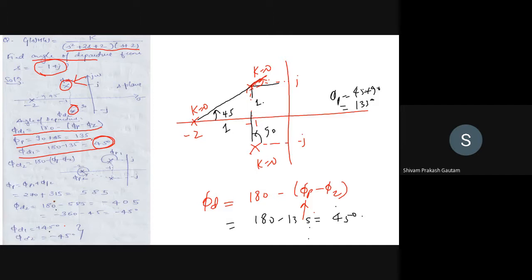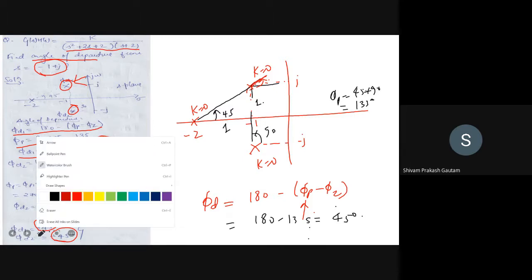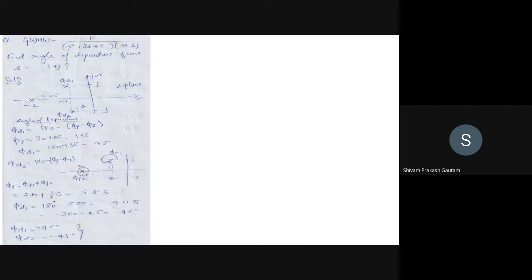So you can see phi d1 is 45 degree and phi d2 is minus 45 degree. So 45 degree, that means it will be here, right? What has been asked in the problem is to calculate the angle of departure for this pole, and for this pole the angle of departure is plus 45 degree, right? So this is the solution for this problem. Let us just move to the next problem.